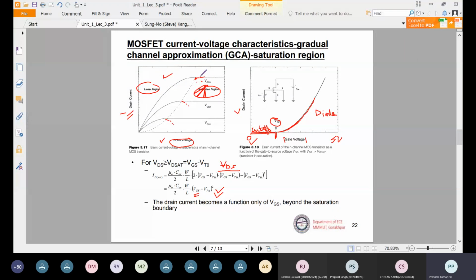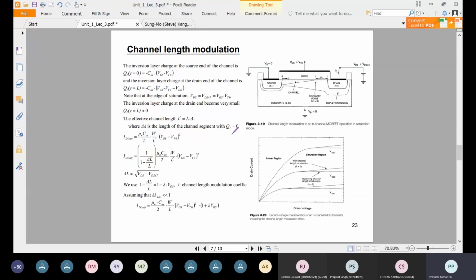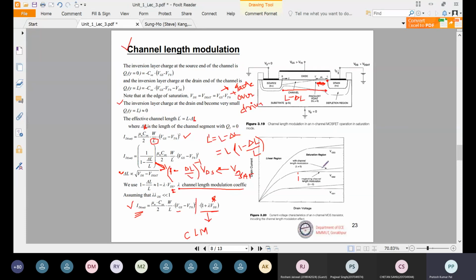So it was constant in the saturation region, but because of this channel length modulation, instead of a constant value, it should have a slight variation, and it will be increasing slightly instead of being constant, because of the relation with respect to VDS.